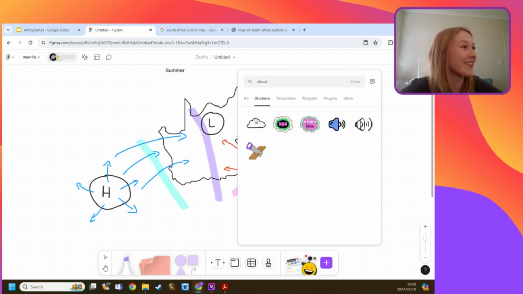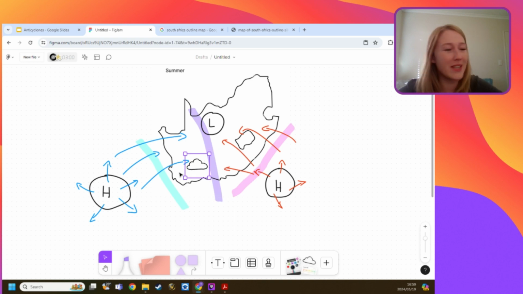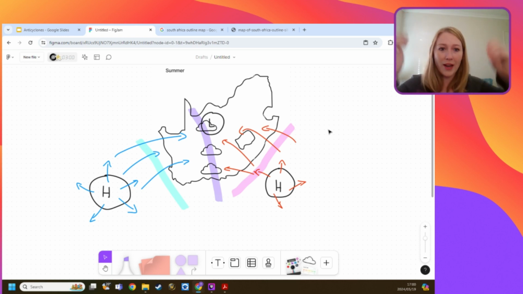Stickers? Yay, clouds! Perfect. My diagram looks amazing now because I have clouds. And maybe you'll remember that they are cumulonimbus clouds, where you have air rising very quickly, they will form very tall clouds, and those are cumulonimbus clouds.